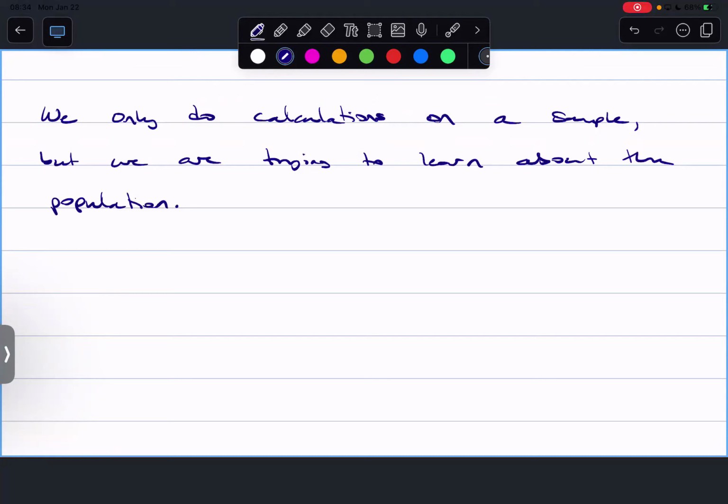So what we're going to have is, for example, use a sample mean, but what are we really trying to learn about? We're trying to learn about the population mean.